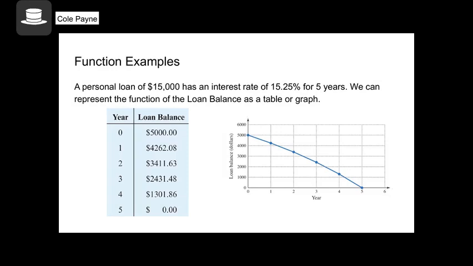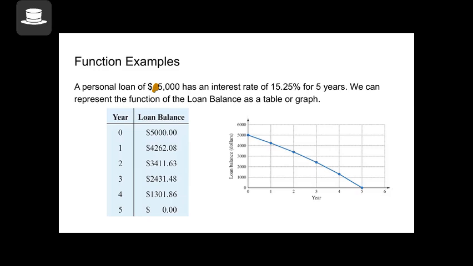Here's just an example of a function, and that should be 5,000. So a personal loan of 5,000 has an interest rate of 15.25% for 5 years, and we can represent that function of the loan balance as a table or a graph. So we can represent functions as both tables and graphs.